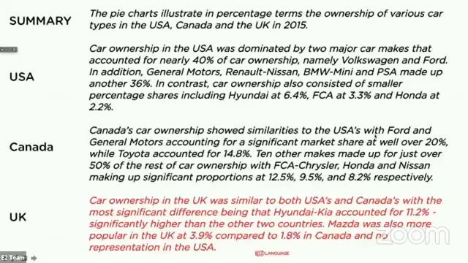So here's mine. Car ownership in the UK was similar to both USA's and Canada's, with the most significant difference being that Hyundai Kia accounted for 11.2%, significantly higher than the other two countries. Mazda was also more popular in the UK at 3.9%, compared to 1.8% in Canada and no representation in the USA.